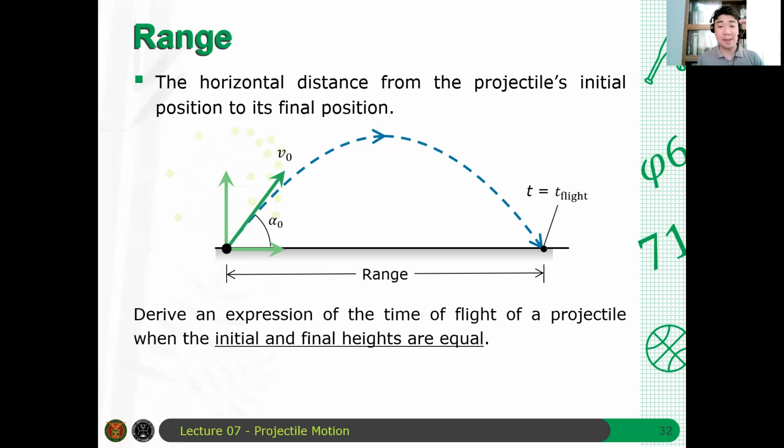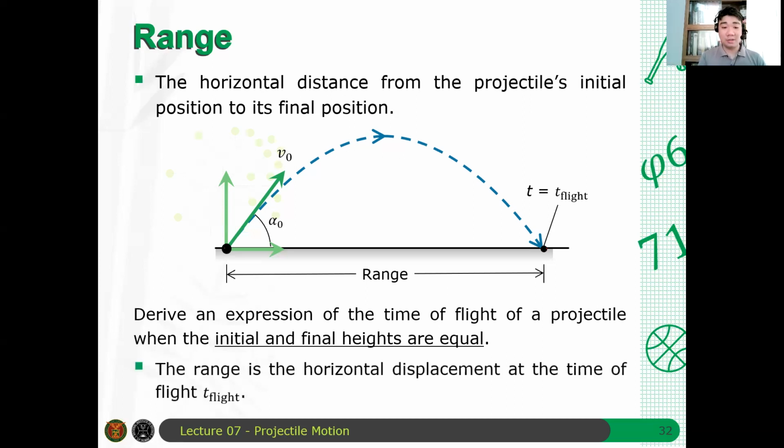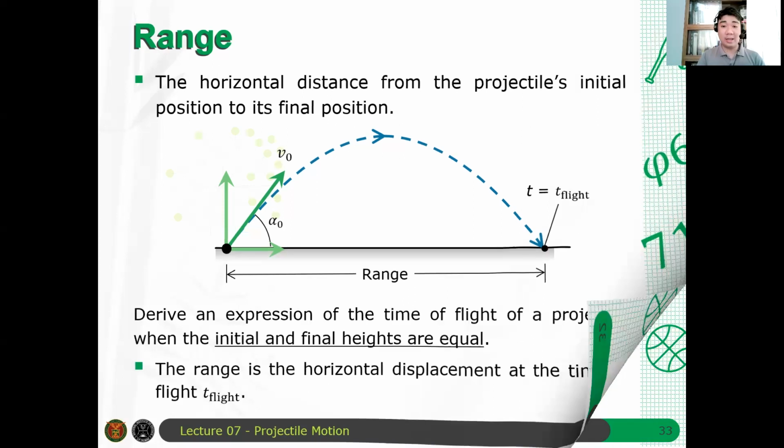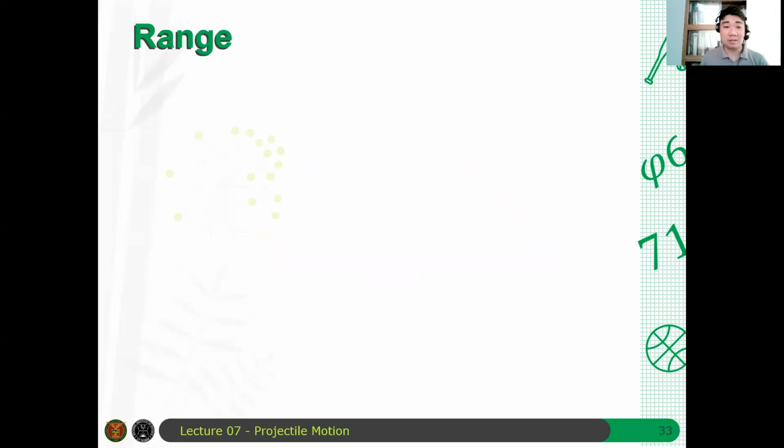Now, how do we find the range? The range is just the total horizontal displacement at the time of flight, and we already know our time of flight. So the range is just the horizontal velocity multiplied by the time of flight T. But what is vx here? That is the initial velocity in the x direction.